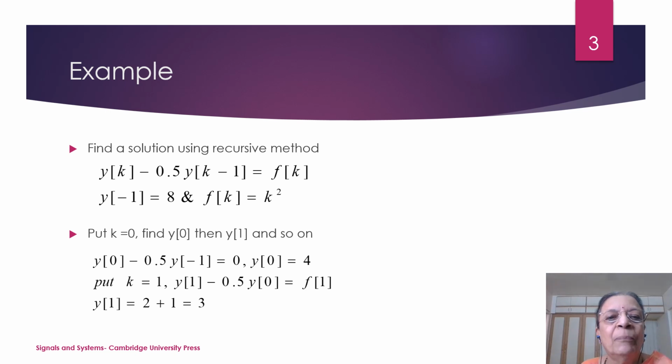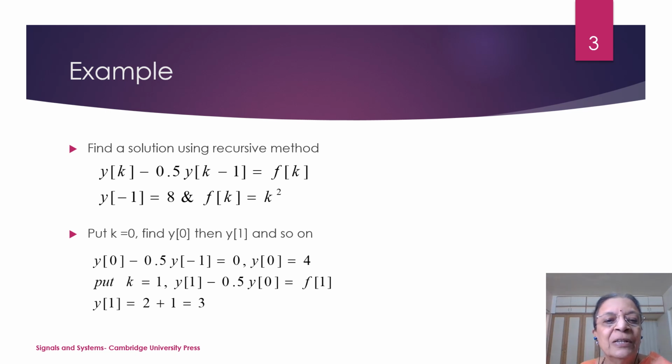Consider for example the equation given by y[k] minus 0.5 y[k-1] is equal to f[k] with initial condition y[-1] equal to 8 and f[k] equal to k square. So whatever is the value of k, you can find out what will be f[k]. Now I will put k equal to 0 in this equation because I want to calculate y0 first.